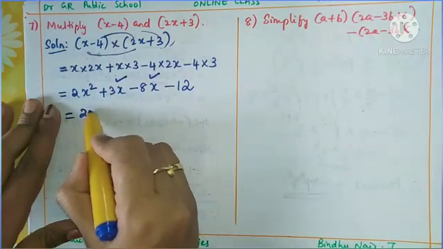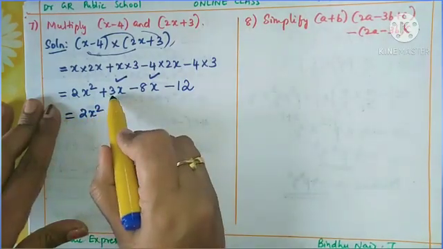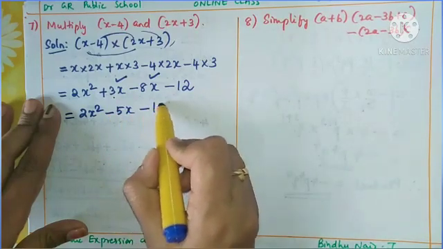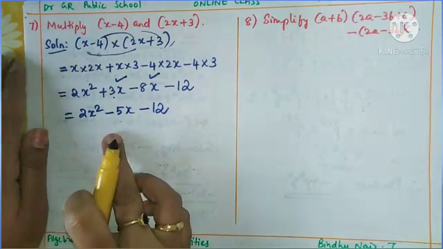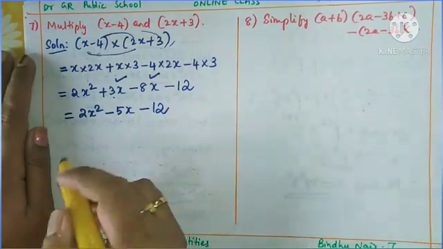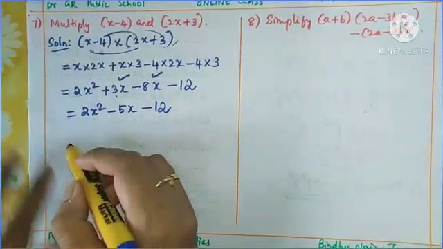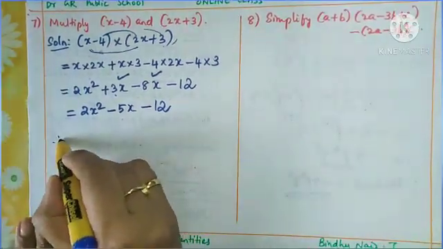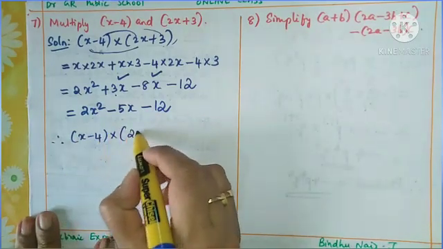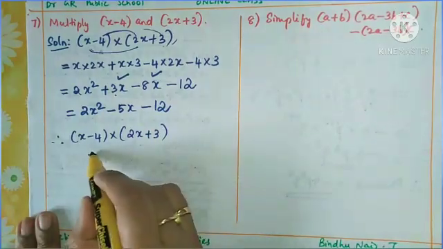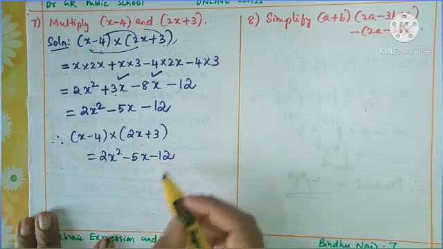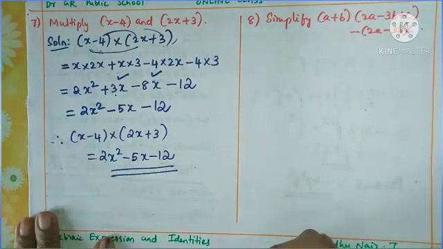So this is equal to 2x square plus 3 minus 8, minus 5x, minus 12. So further we cannot simplify. So this is the final answer. Okay. So therefore, how to write the answer? Therefore, x minus 4 into 2x plus 3 is equal to 2x square minus 5x minus 12. So that is the required product.